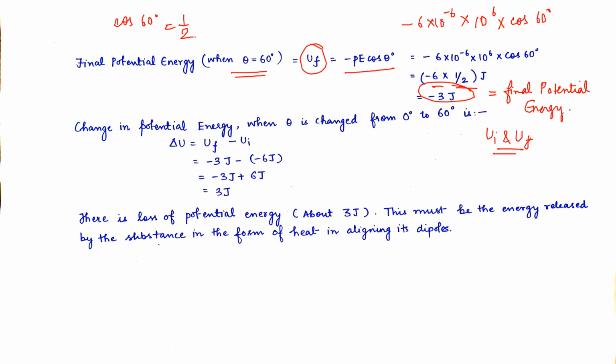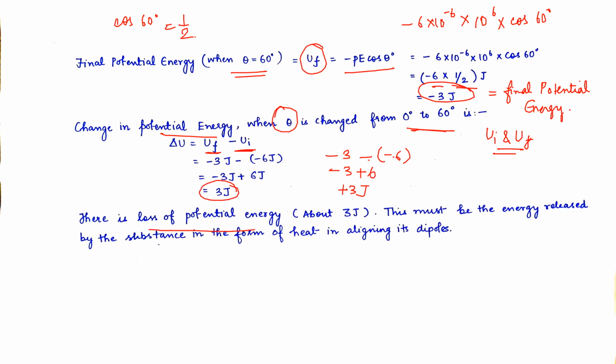We got U initial and U final. Now we aim to find the change in potential energy when theta is changed from 0 degrees to 60 degrees. The change is final minus initial. Final is minus 3, initial is minus 6, so the minus minus turns into plus and we get plus 3 joules.